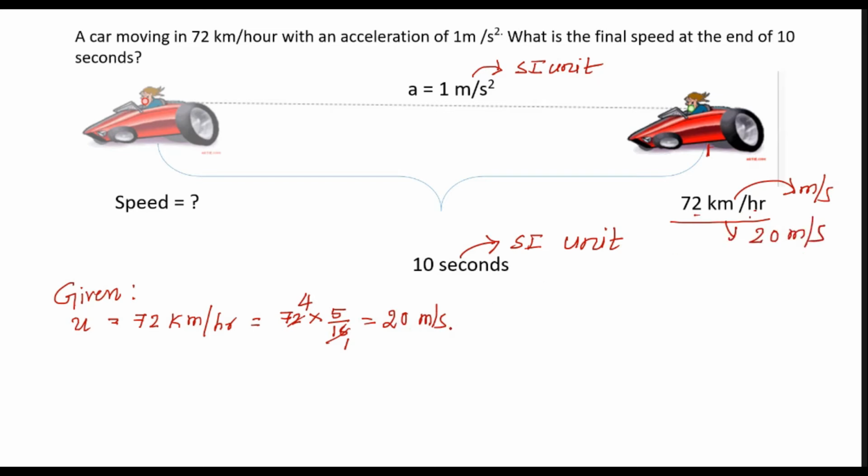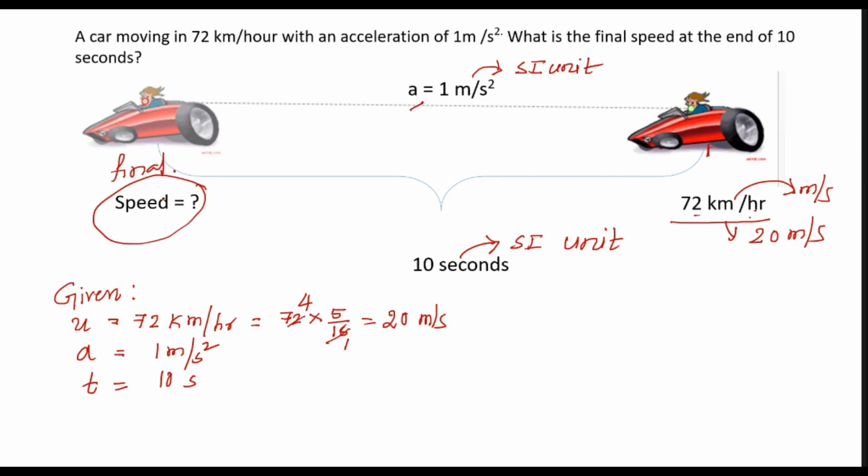This you should not forget, right? After that, acceleration is given. a is equal to 1 meter per second square, already in SI unit, so there is no problem here. Now time is given, 10 seconds, once again in SI unit. So now we have all the information in the same unit, that is standard unit. And what is to find? Speed, and which speed?